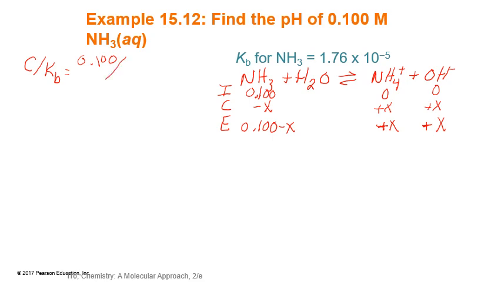So our book says if it's larger than 250, we can ignore X. In this case, we are at 5,681. So I'd say it's pretty safe to assume that we do not have to include that X in our calculation.